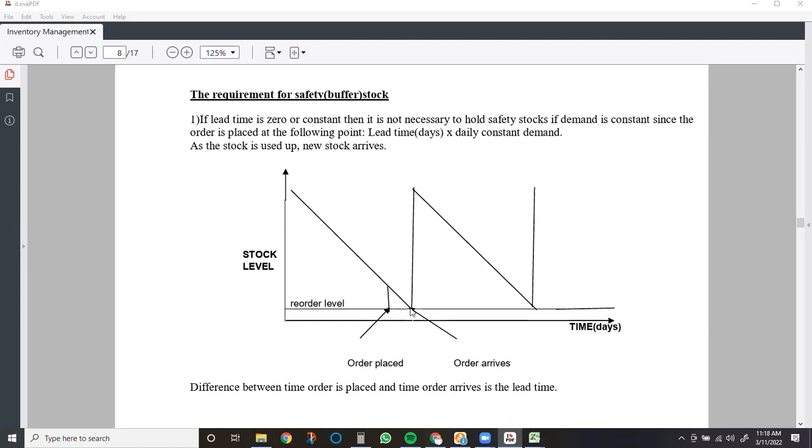Okay. Now, consider this. If there is no safety stock held, there'll be no gap here. However, if the company chooses to hold a safety stock, this gap here represents the safety stock.